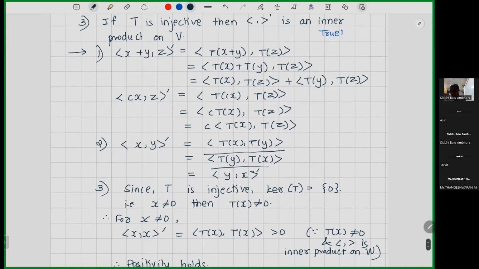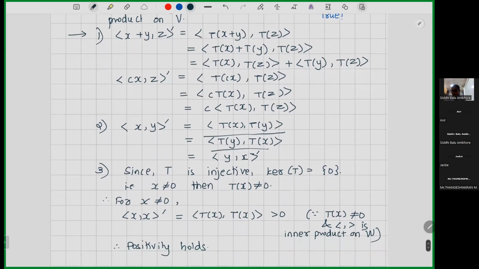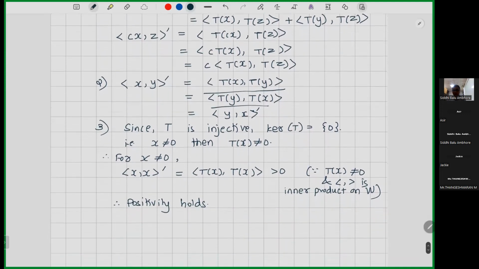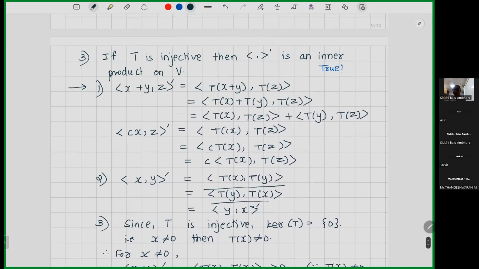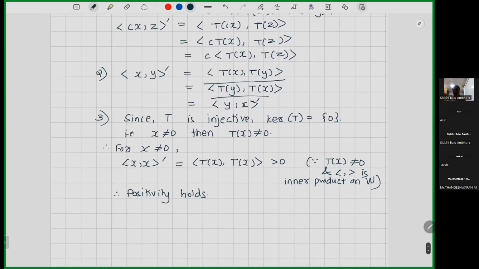Please let me know. The linearity is not a problem and symmetry is also not a problem. The main problem was the positivity here, as we observed earlier. So the guarantee that x non-zero gives us Tx non-zero assures us the positivity is true in this case.